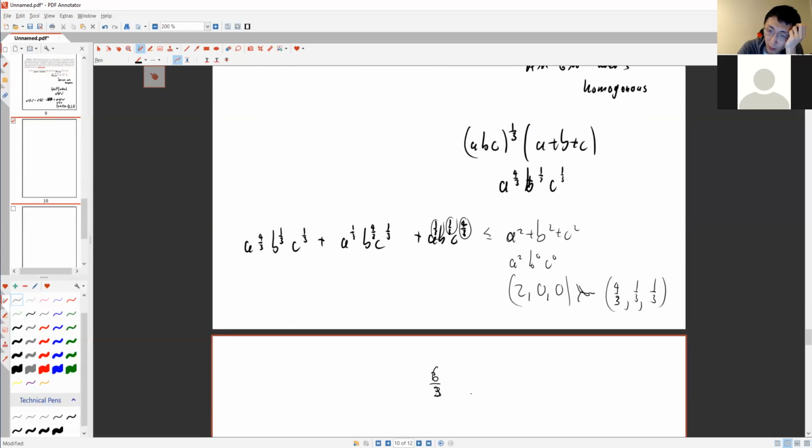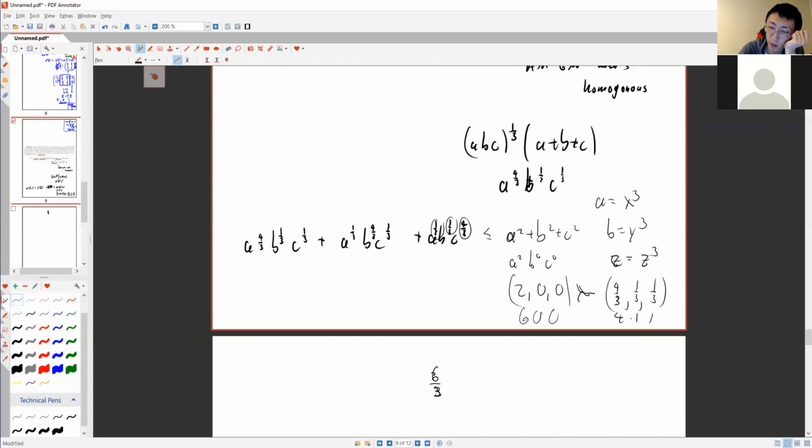Maybe it's even more clear if you make the substitution a equals x cubed, b equals y cubed, and c equals z cubed. Then it would say 600 majorizes 411. But I'll just do it for this case.